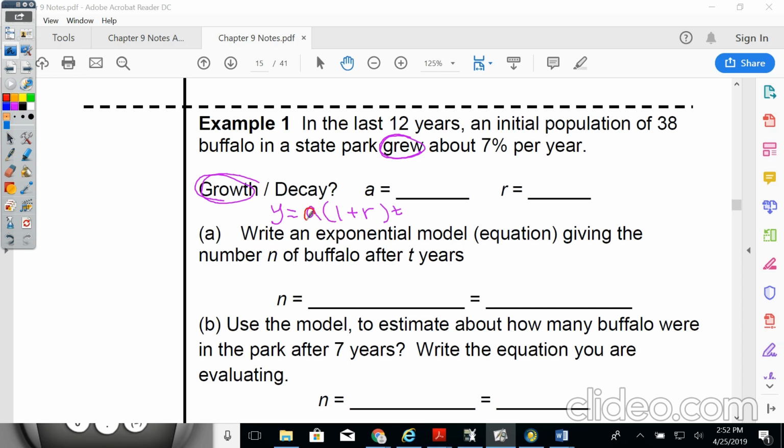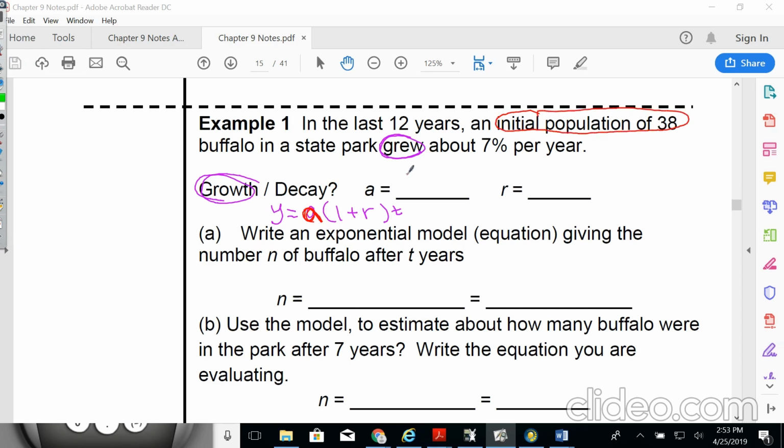All right, A is your initial amount. So how many you start with? We started with 38 buffalo. So 38 is going to be the A.